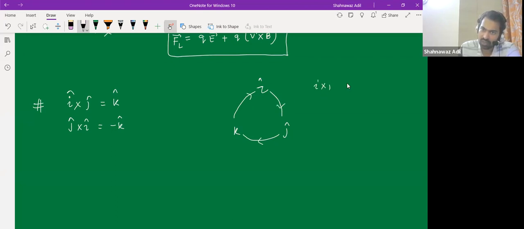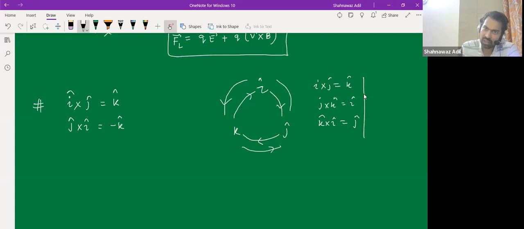So I cross J would be K, J cross K would be I, and K cross I would be J. And similarly, if we go anti-clockwise, then this is I cross K. So I cross K would be minus J, K cross J is minus I, and J cross I is minus K. Good. So this we already know. This is the property of the cross product, right?